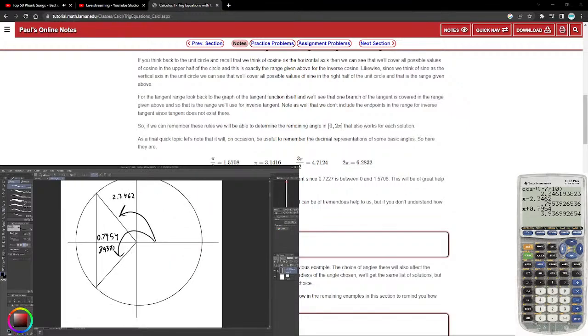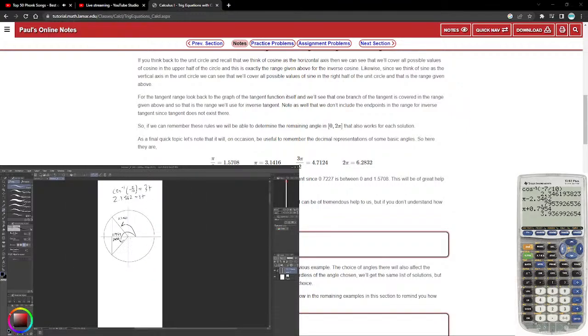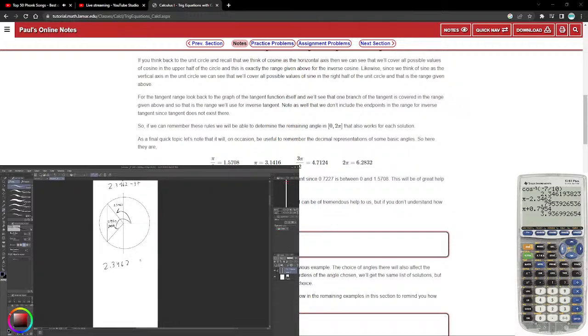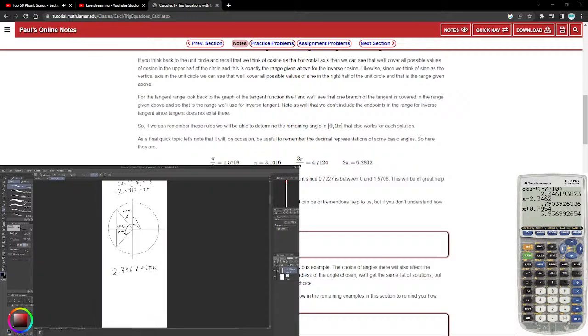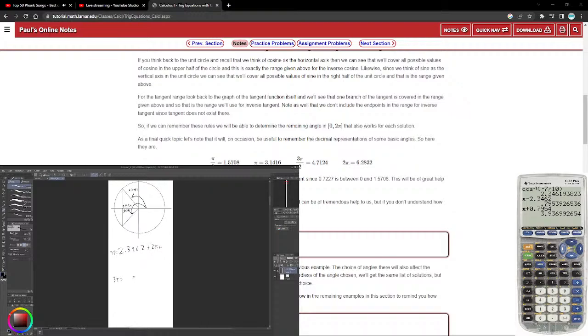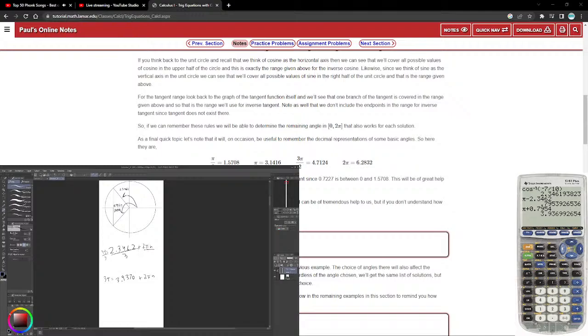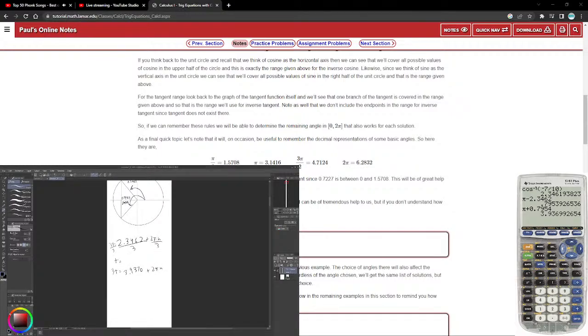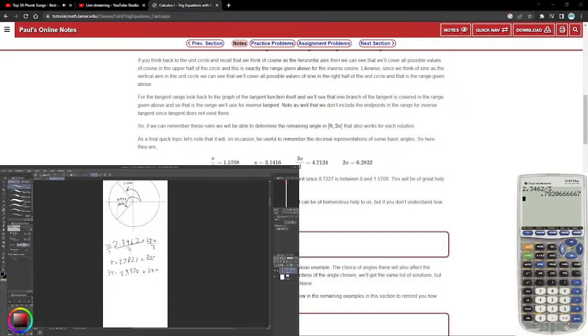Okay. So 2.3462 plus 2 pi n equals 3t. 3t equals 3.9370 plus 2 pi n divided by 3. T equals 2.3462 divided by 3. 0.7821 plus 2 pi n over 3.